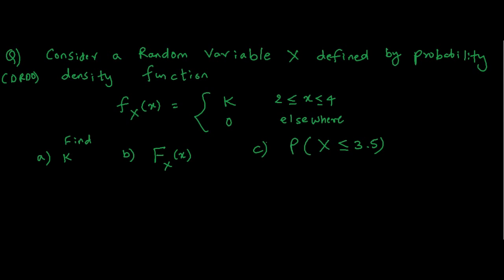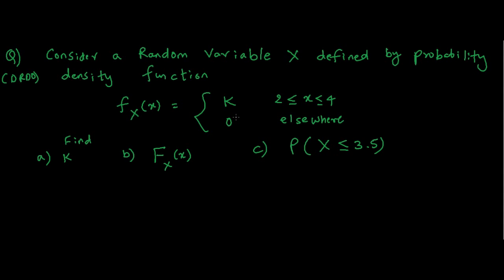So coming to the question: consider a random variable capital X defined by the probability density function as shown here. The probability density function is a constant k from x equal to 2 to x equal to 4, and it is 0 elsewhere.